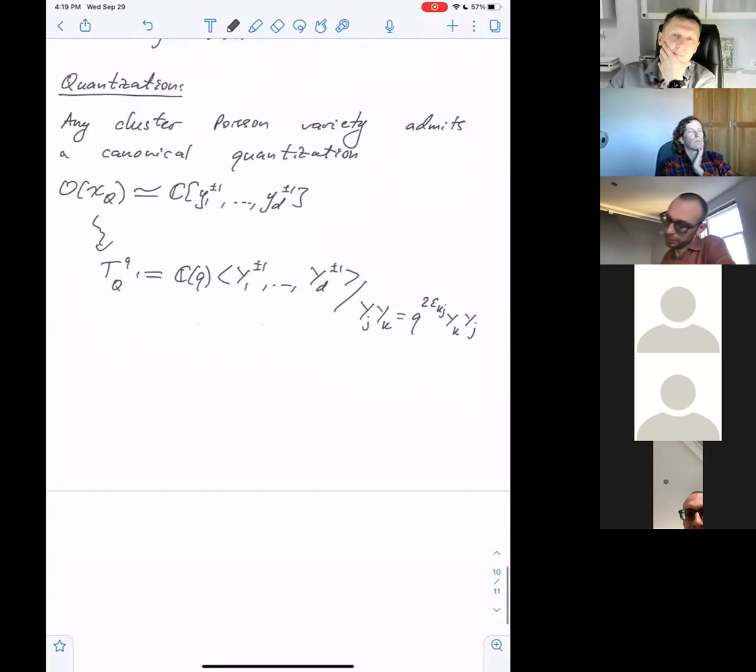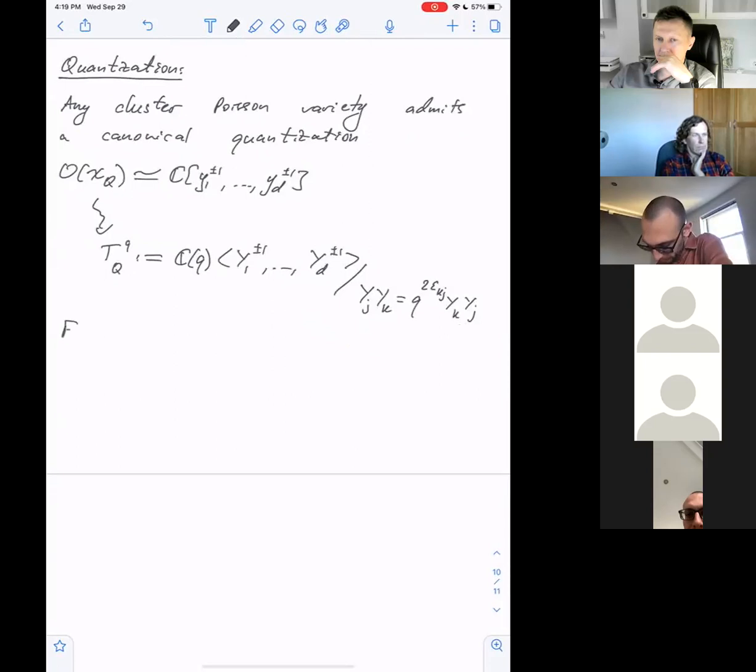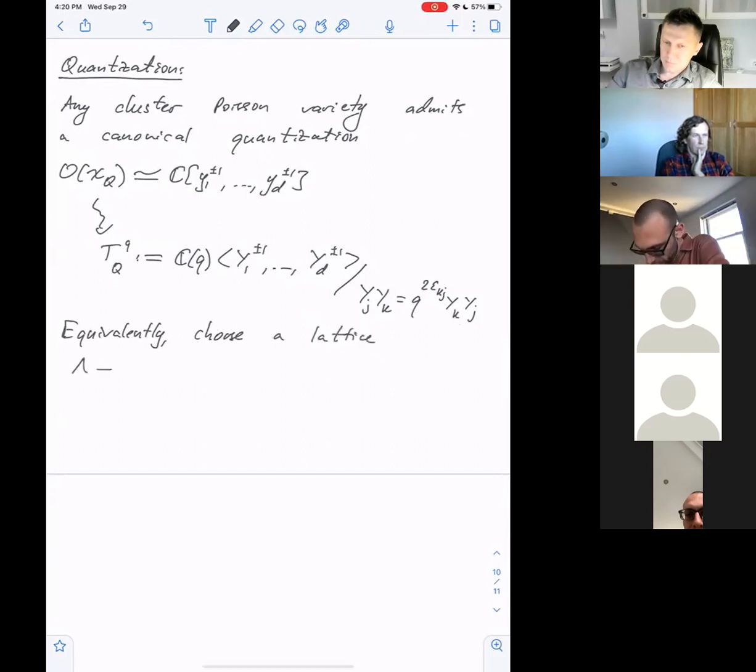But let me give a slightly different, slightly better, to my taste, description of this already very simple algebra. Equivalently, we can do the following. We have d variables, so let's choose a lattice lambda, which will be just Z to the power d, the integer lattice, with a bilinear form.